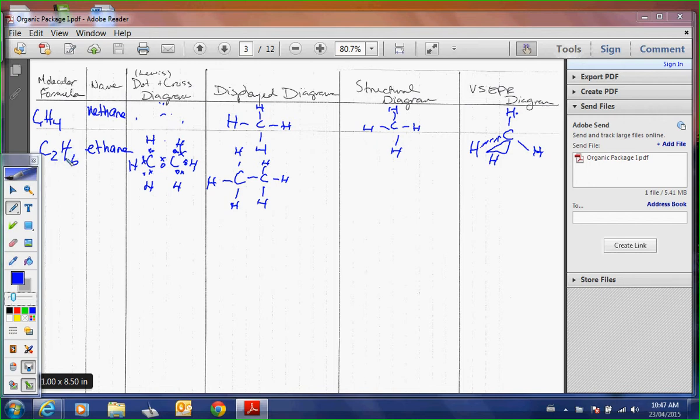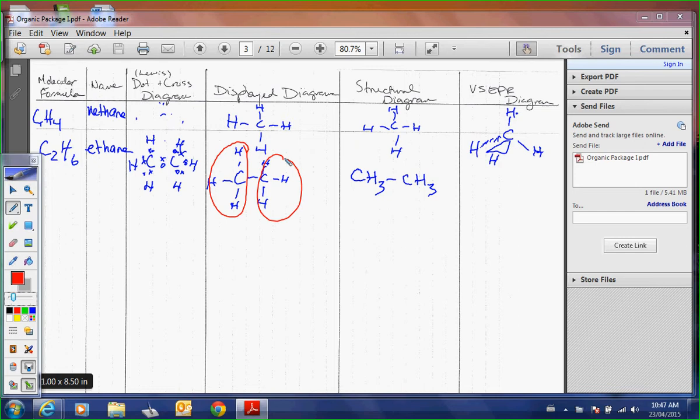The structural formula, I could do this. CH3, CH3. Do you see where I'm getting that from? CH3, CH3. So the one we did, when we did methane yesterday, was there another way to write that? Not so that it's different from the molecular formula. So you need 2 sticks on that one.